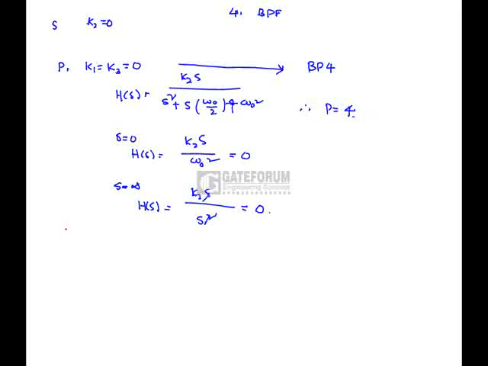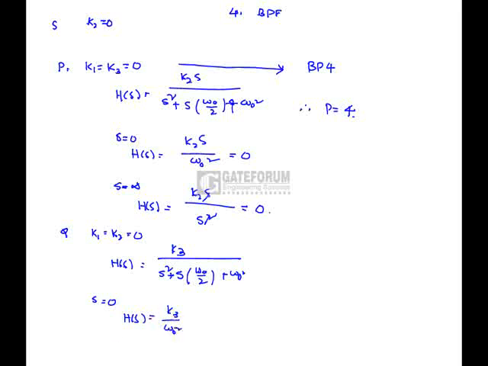Now if we check the condition Q, k1 and k2 equal to 0, then H of s is going to be k3 by s square plus s omega naught by Q plus omega naught square. If s equals 0, H of s is going to be k3 by omega naught square.